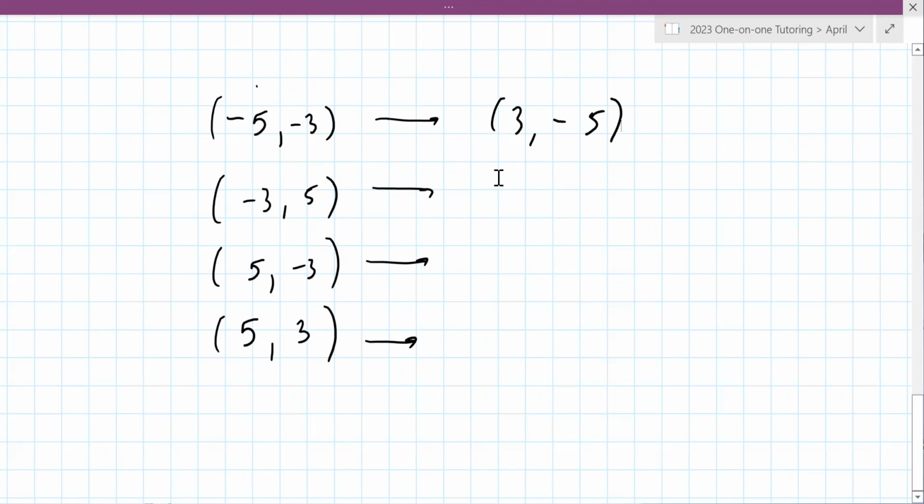I'm just using the numbers at the end. Right, but the best way to do this, Sourish, is to, for example, move all the X values, -5, -3, 5, and 5. See how I just moved all the X values at one time?